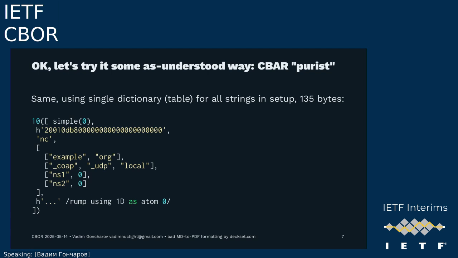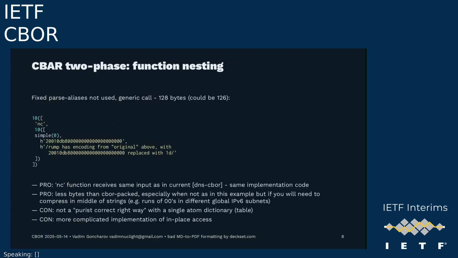For example, the name compression here, NC, could be assigned its own simple value, for example, simple 14, as N is the 14th letter of the alphabet. Or it can be done this way.